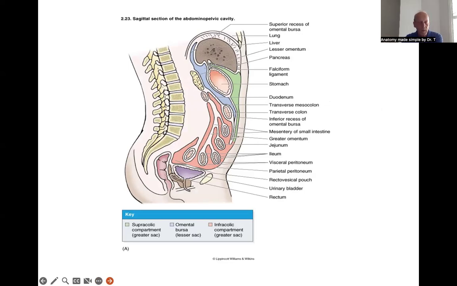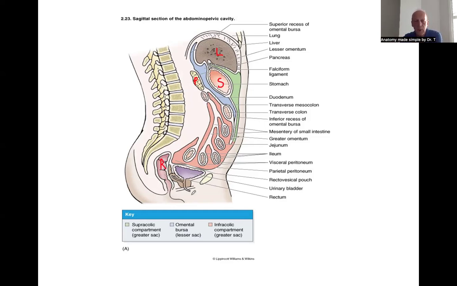You have multiple intra-abdominal organs, such as liver, stomach, pancreas, and multiple coils of the small intestine. You even have here the urinary bladder. You even have here part of the rectum and anal canal.